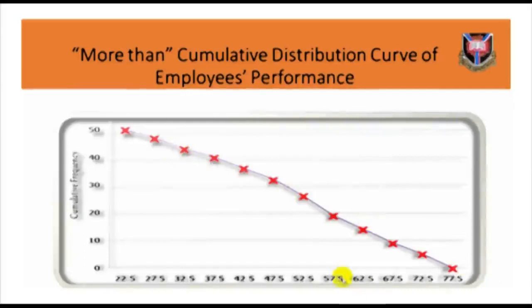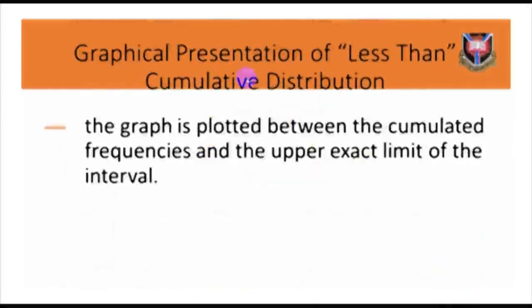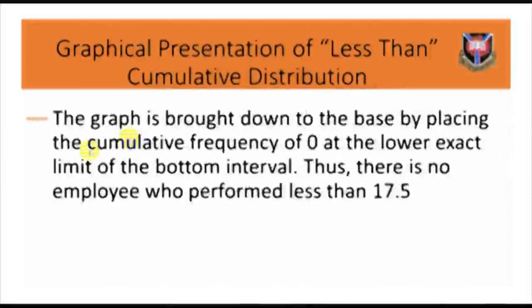Graphical presentation of less than cumulative distribution. In the less than cumulative frequency, the graph is plotted between the cumulated frequencies and the upper exact limit of the interval. The graph is brought down to the base by placing the cumulative frequency of 0 at the lower exact limit of the bottom interval.